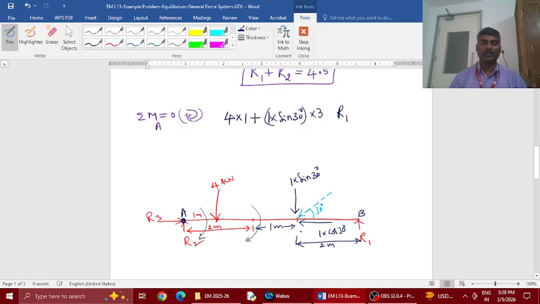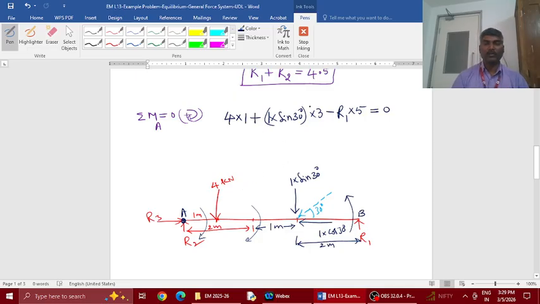The perpendicular distance from A is 5 meters, and this force is trying to rotate this member about A anticlockwise, so minus, and the sum is equal to 0.